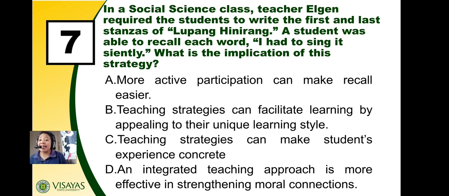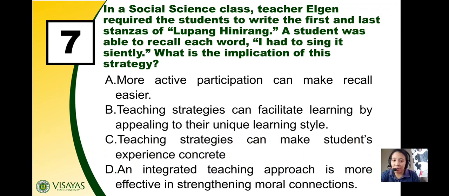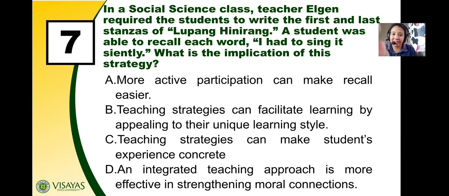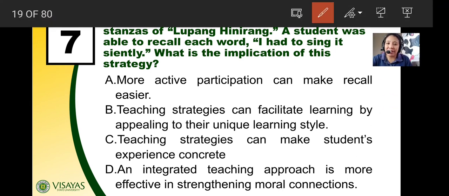So, asan kaya dito? Or sige, simulan muna natin. Mag-eliminate tayo. Kung magtatanggal tayo, class, ang tatanggalin natin ay walang iba kundi si letter C. Why letter C should be eliminated?